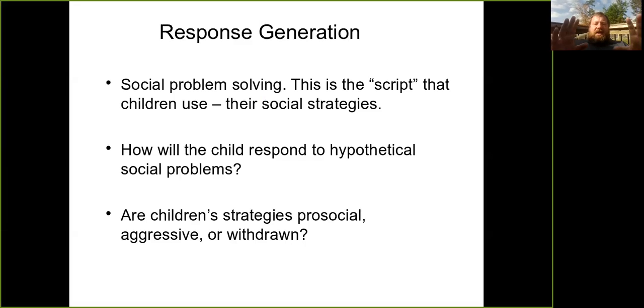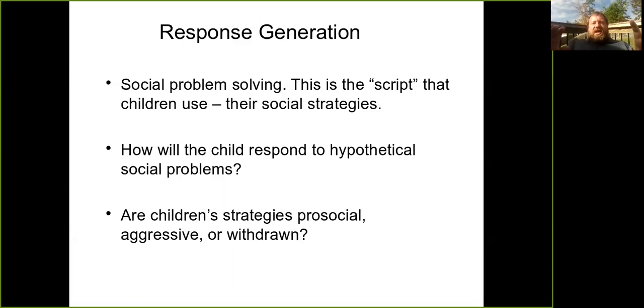In general, children's strategies that are more assertive, more engaging and more pro-social are associated with children who are more accepted by their peers. Strategies that are more vague or more withdrawn are associated with children who are more isolated from their peers, and children whose strategies are more aggressive display more aggressive types of behavior.